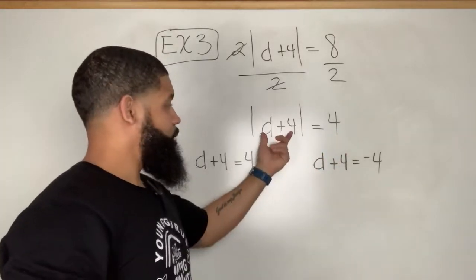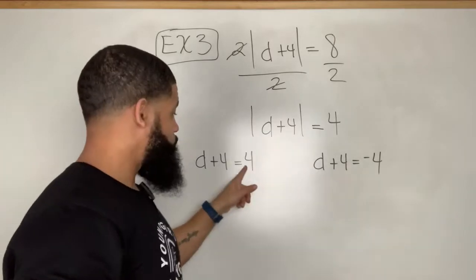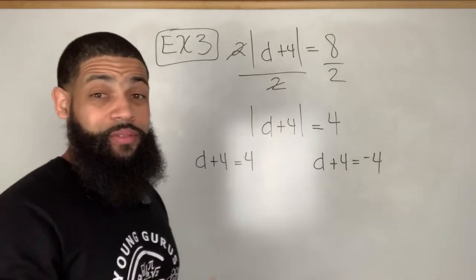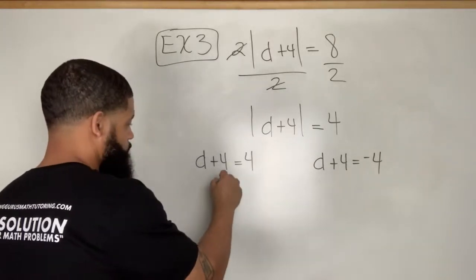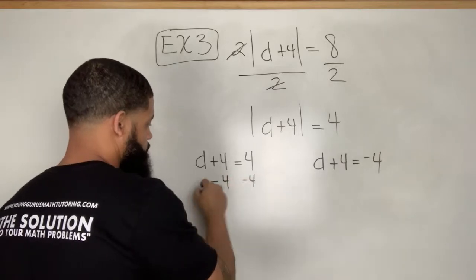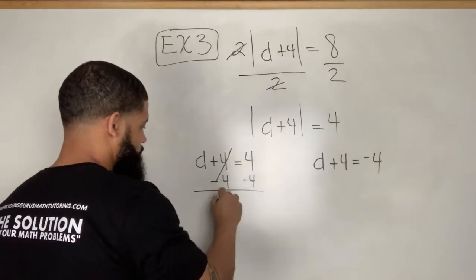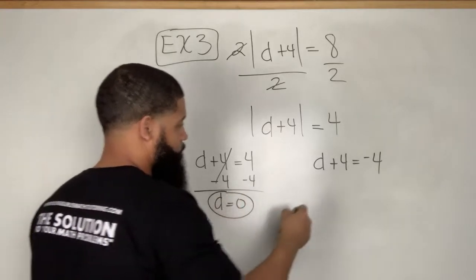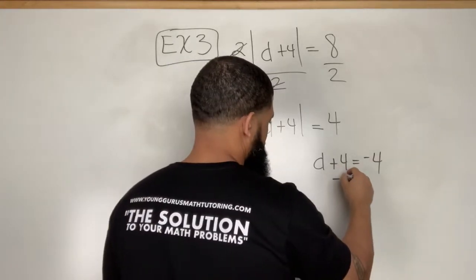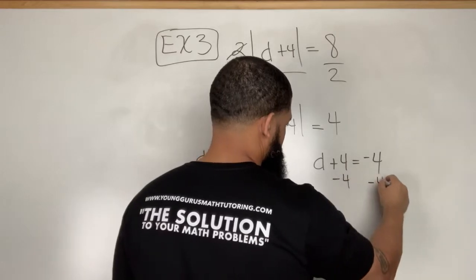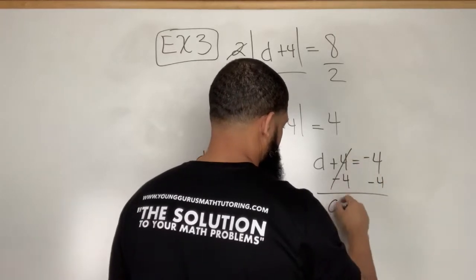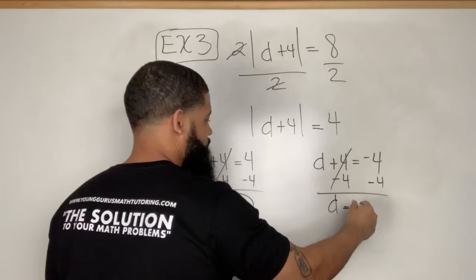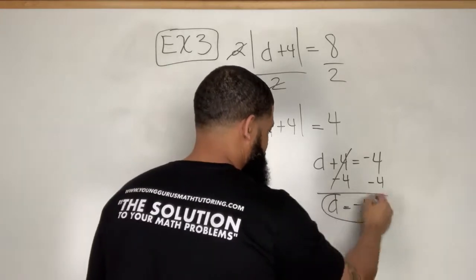So we have to solve both of these. Here I'll just subtract 4, so d equals 4 minus 4 is 0. So that's our first answer. And then here I'm going to subtract 4, those cancel. D is equal to -4 minus 4 is -8.